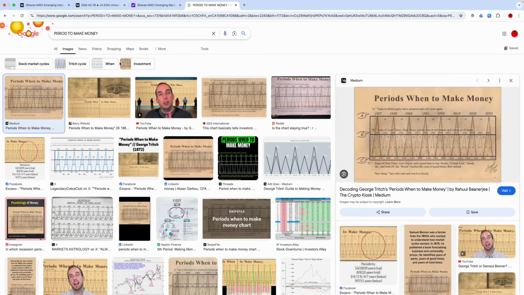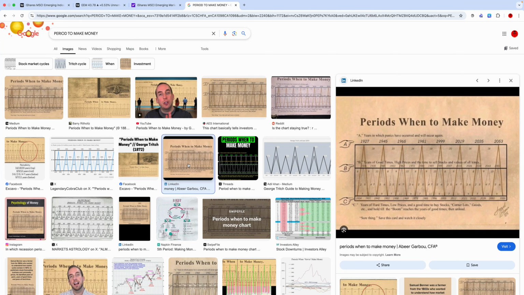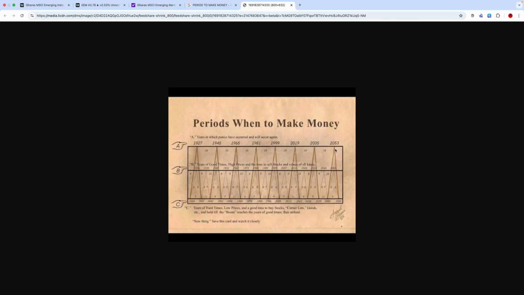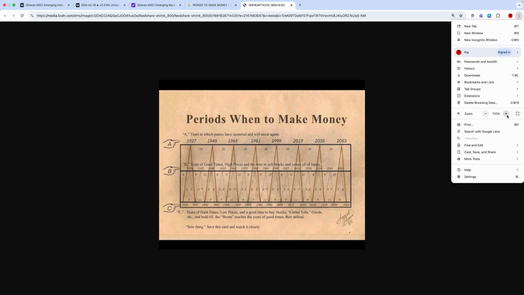So this is a periods to make money chart by, forgot who it's by, but yeah, this is a really important chart, and we see here that there will be a top here in 2026. So we can zoom this up here. There will be a top here.